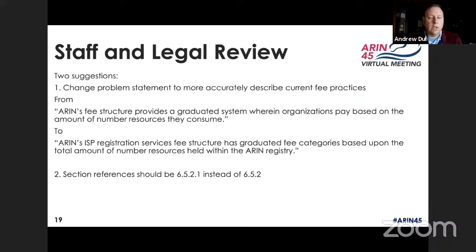This is just a minor text change to more accurately describe the fee schedule. The second was that the references in the draft should be 6.5.2.1 instead of 6.5.2, just for clarity of where the text should be inserted into the policy manual.